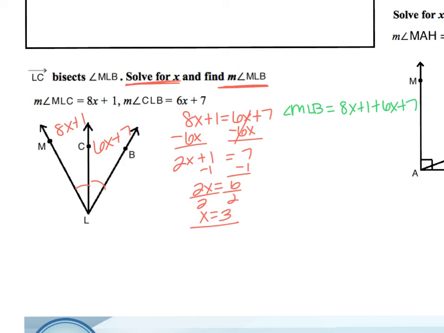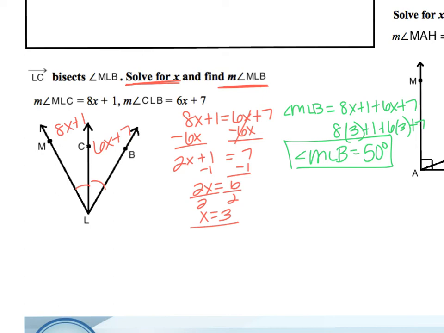You're going to plug in 3 for X. So 8 times 3 plus 1 plus 6 times 3 plus 7. When you plug all of that in your calculator, you get MLB equals 50 degrees. Does that seem like a 50-degree angle, an acute angle? Yep, it does to me. So that is the correct answer.